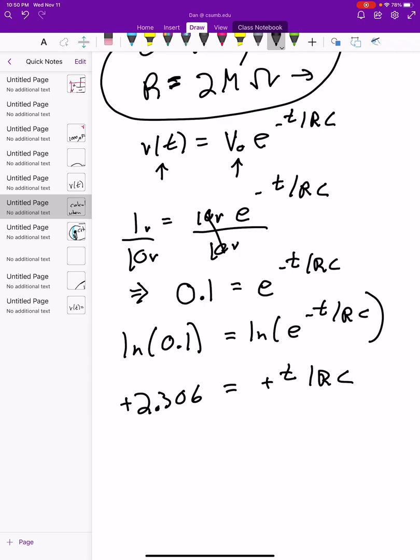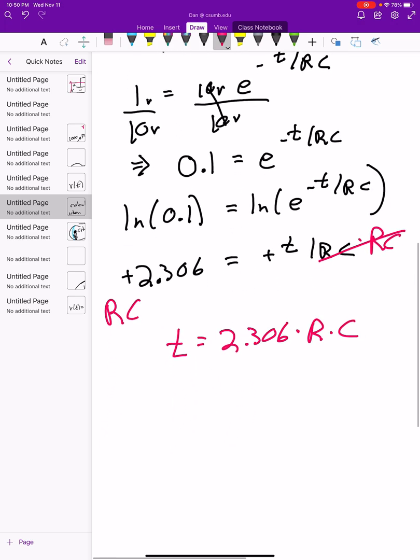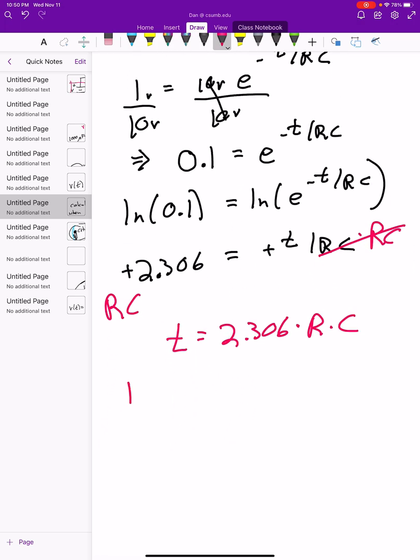Then I'm going to solve for t, so I'm going to multiply this side by RC, multiply that side by RC, and I have that t is equal to 2.306 times R times C. Now let's put in our R and our C. R is 2 mega ohms, so it's 2 times 10 to the 6th ohms.